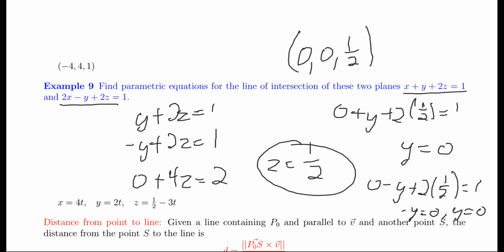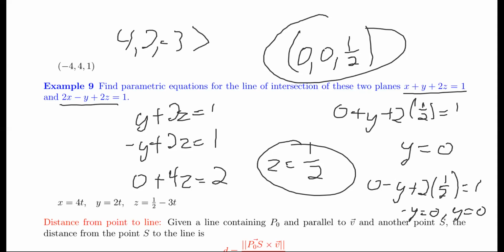Okay, so what we have found is that this point here, 0, 0, 1/2, lies in both of these planes. And we also found that the vector 4, 2, -3 was the direction vector for that line.